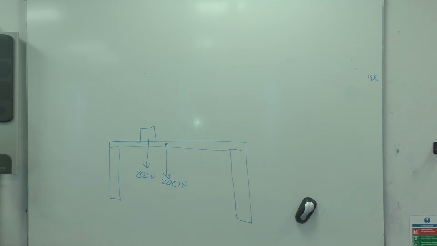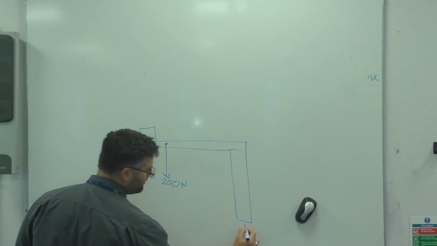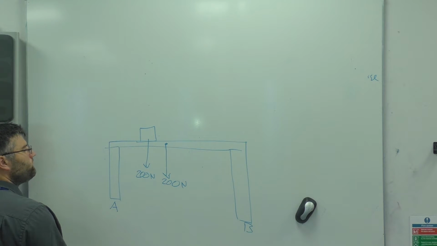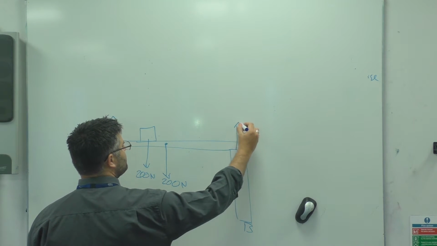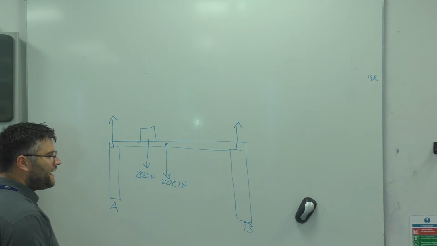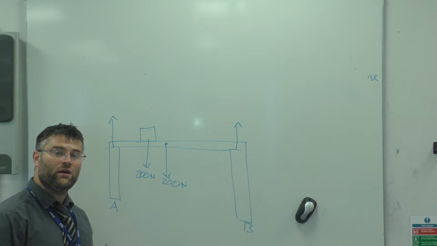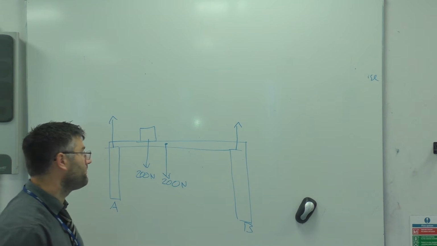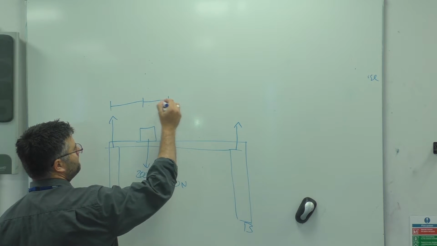So we've got 200 newtons and 200 newtons, and we're going to call this beam A and we're going to call this beam B. And the idea of this is to work out what the force upwards at A and B is, given we've got some distances.